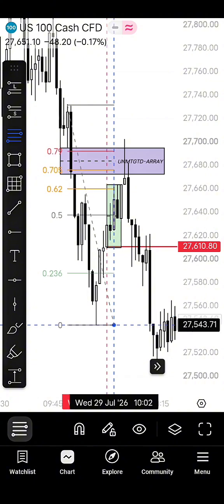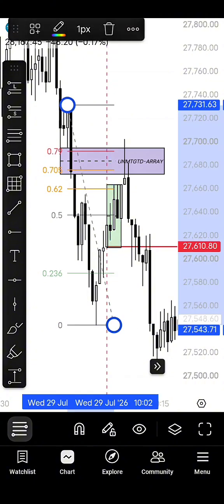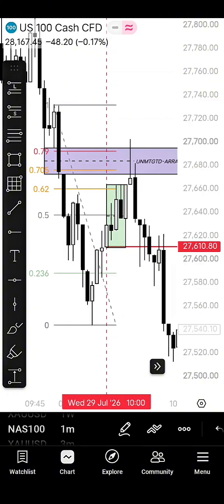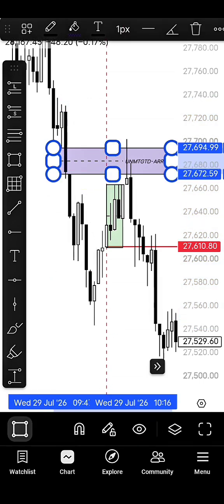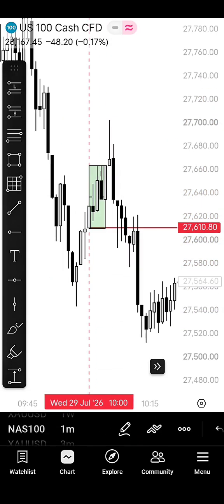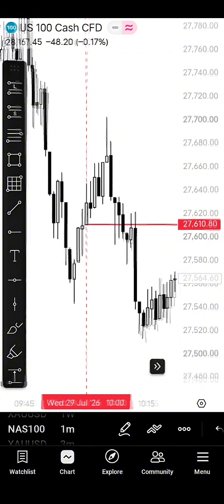You can see clearly we are rejecting the 0.79 level, which is parallel with the gap. So this fair value gap is now called the GS gap. So now this is the biggest plus point about this setup.